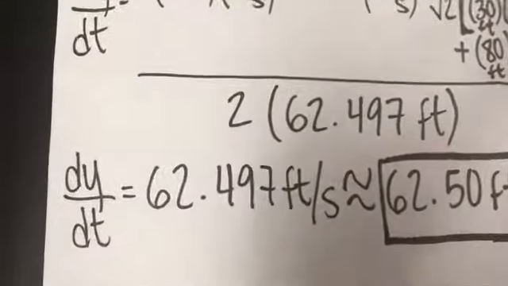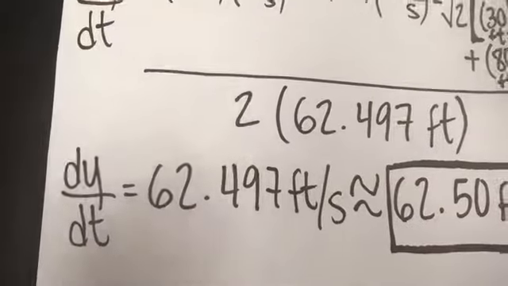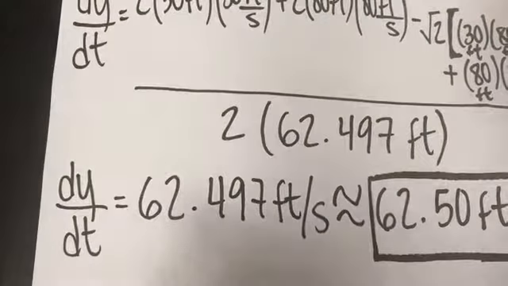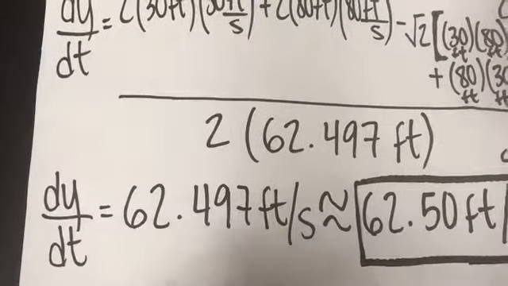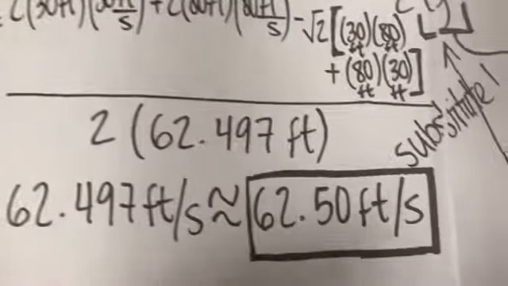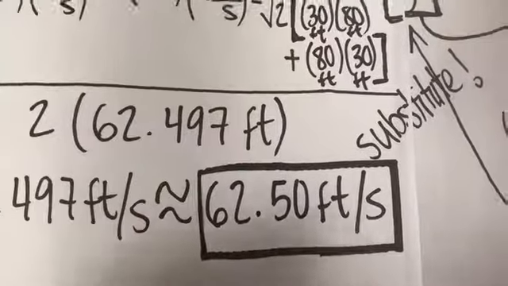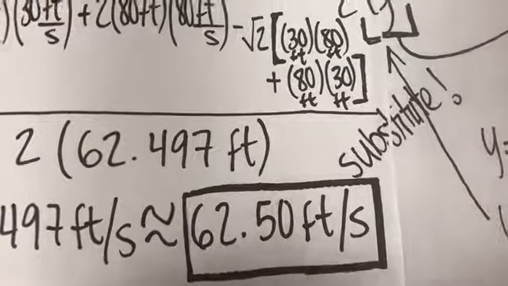And finally, we will get that dy dt is equal to 62.497 feet per second, which is the same as 62.50 feet per second.